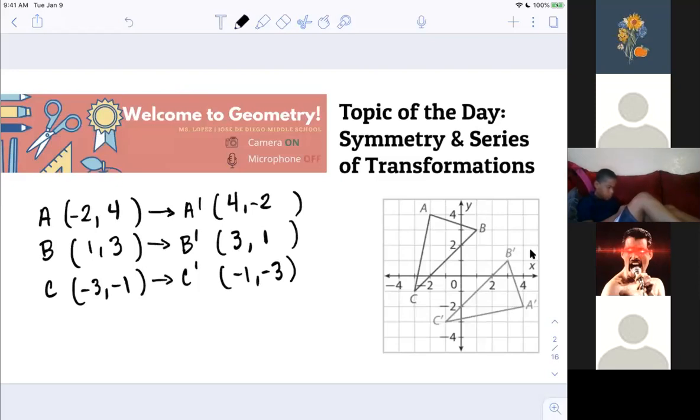Daniel, I see you looking at your phone. You're the only one who hasn't answered yet, so maybe you can do it for us. How did I go from A to A prime, B to B prime, and C to C prime? What was the pattern?